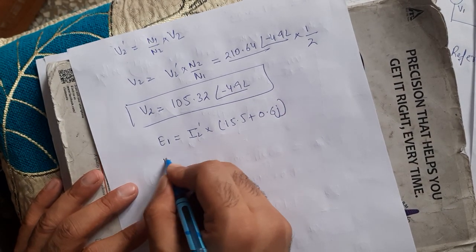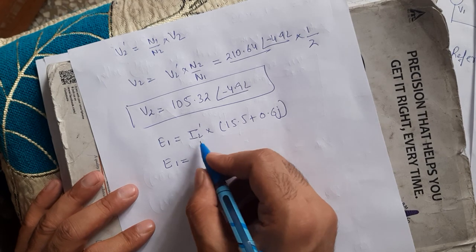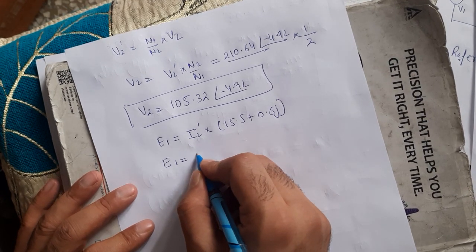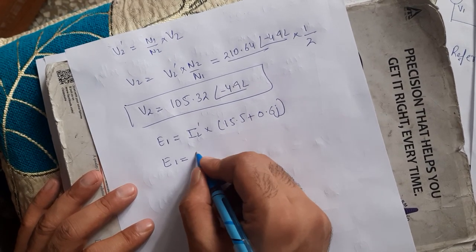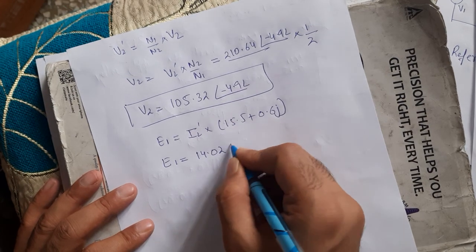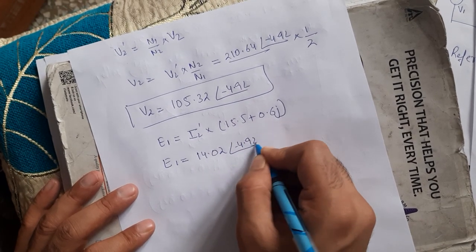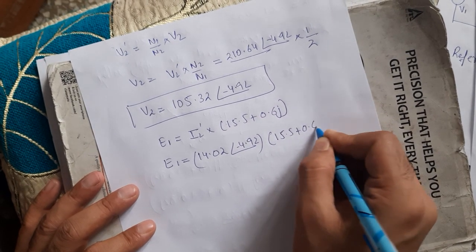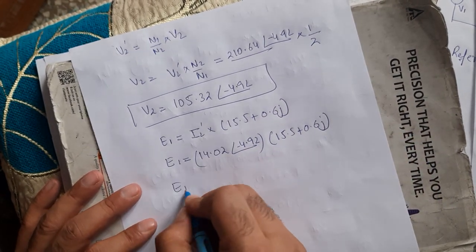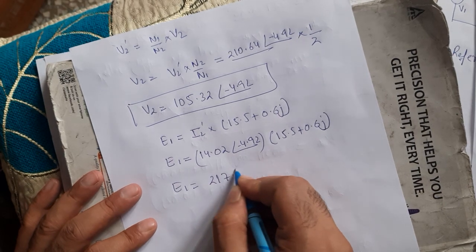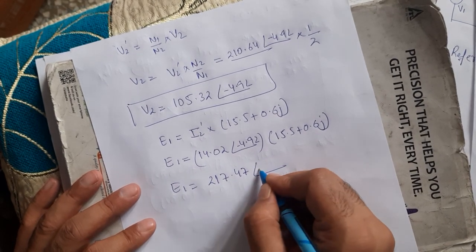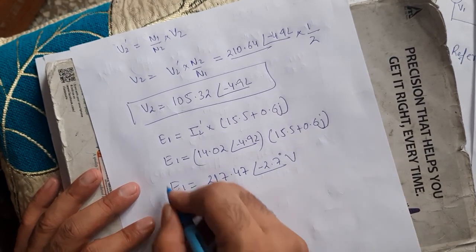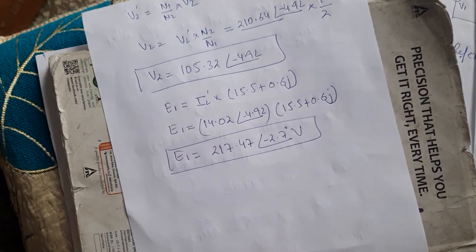You know the value of I2 dash, so let us substitute the value of I2 dash as 14.02 angle minus 4.92 multiplied by 15.5 plus 0.6j. So you are getting E1 equal to 217.47 angle minus 2.7 degrees volts. This is your value of E1.